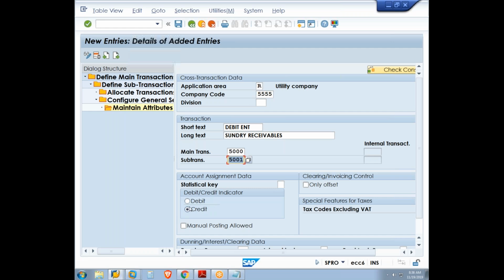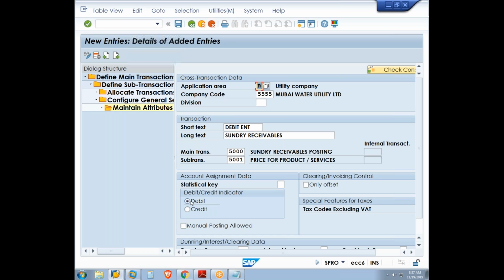This debit and credit should not be understood from the account posting, the GL account. It is always with respect to the contract account. That means if you calculate any charge for this 5001, the amount has to be debited to the contract account. So enter debit. Okay. That means tomorrow, suppose I charge 2000 rupees or 3000 rupees as the price of the product, that price has to be debited to the contract account.